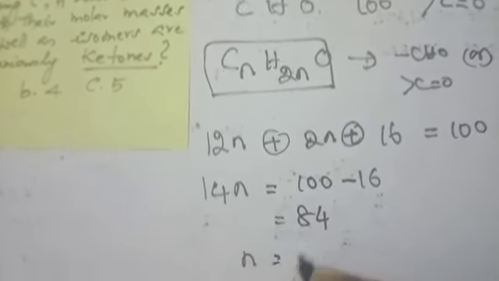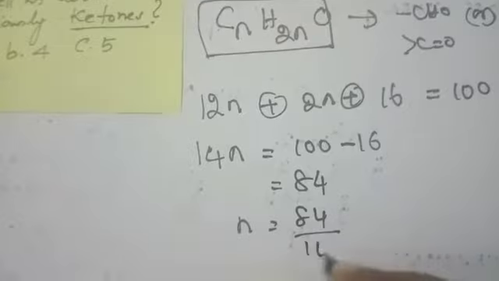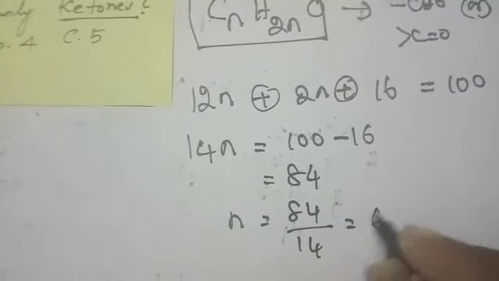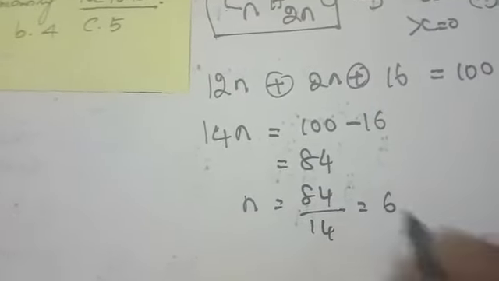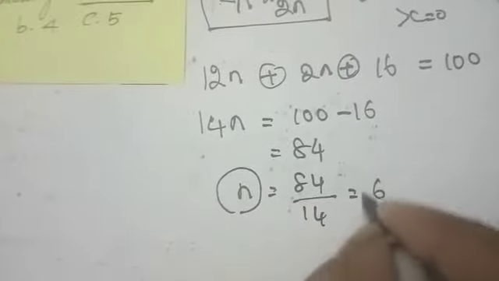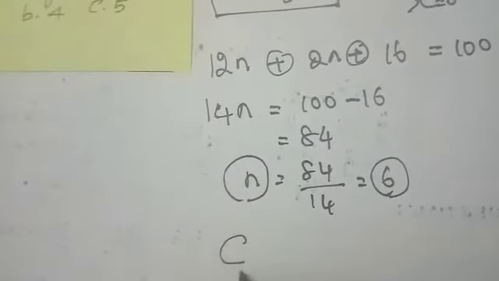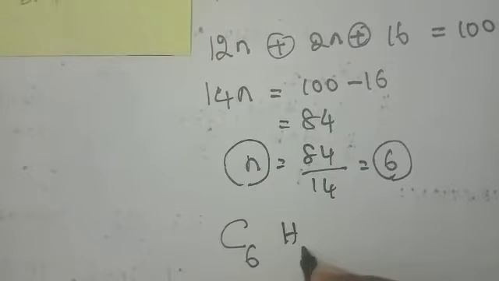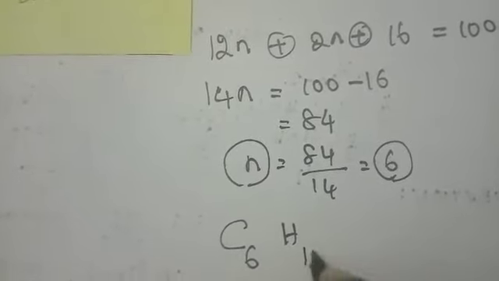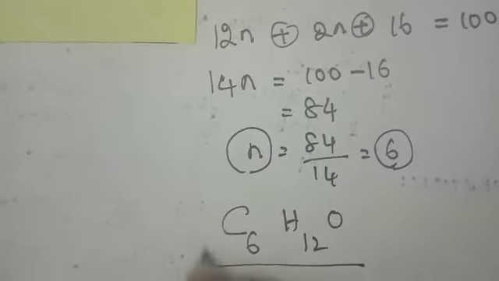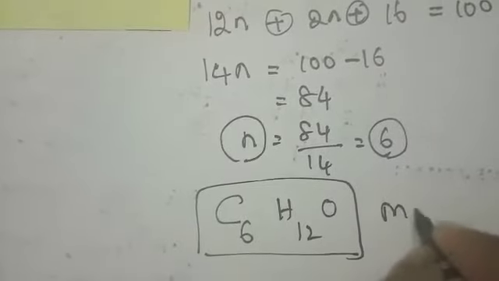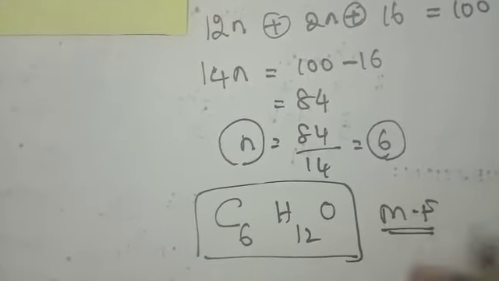So n is equal to 84 by 14, which is 6. Now the number of carbons is 6. So the molecular formula is C6H2n, so 6 into 2, 12. This is the molecular formula for the given compound.